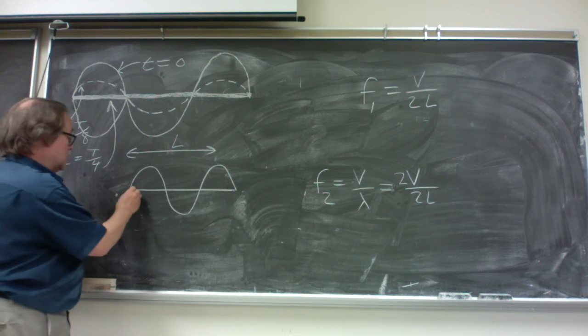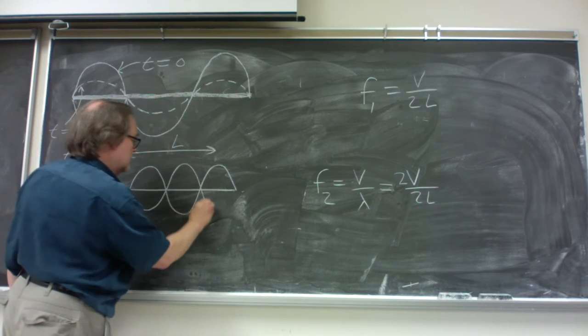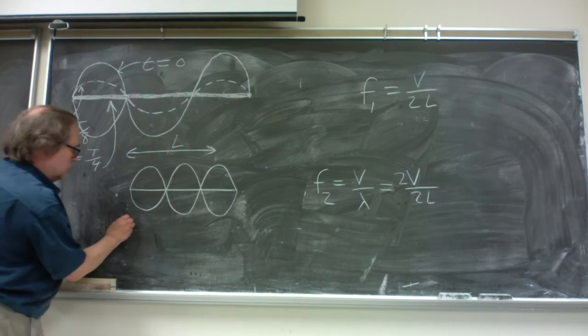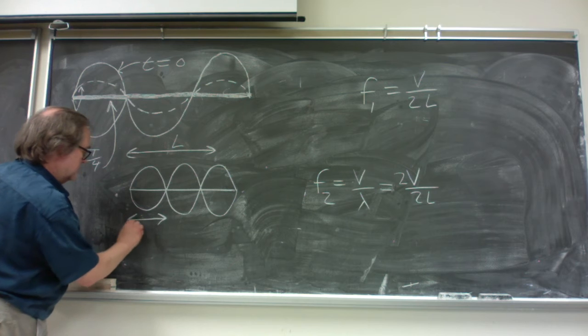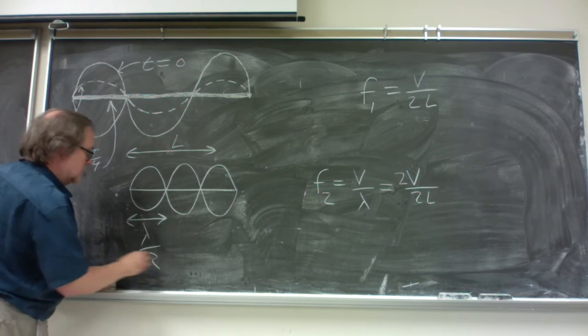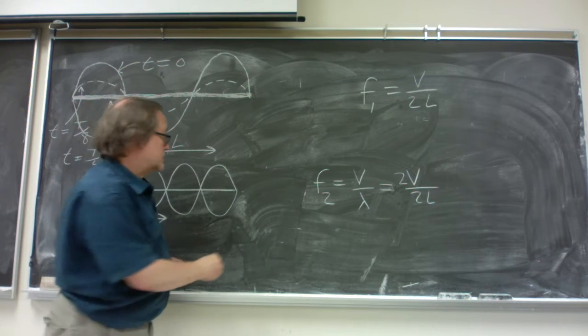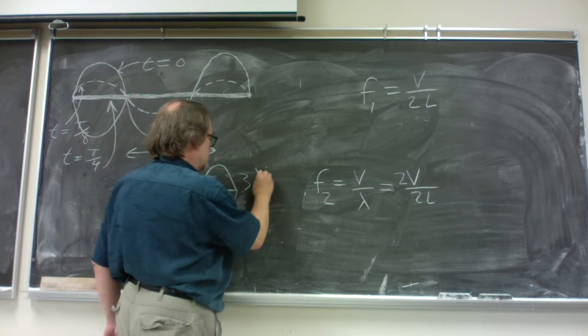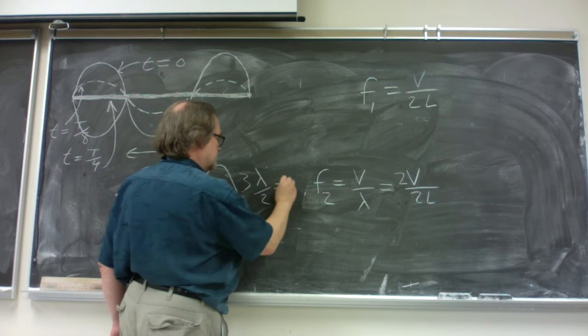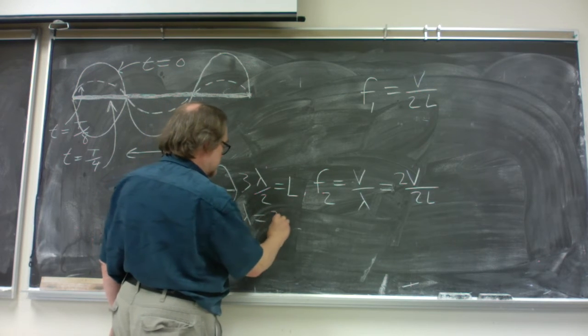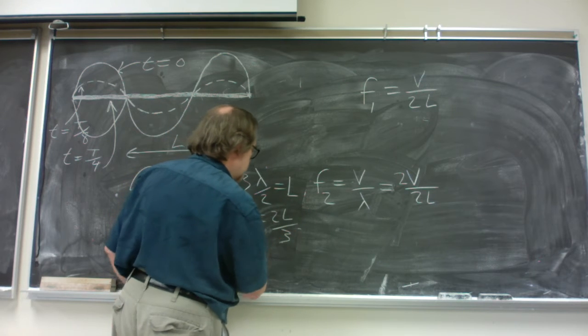Half a cycle later, everything looks like that. So node to node is half a wavelength. So there's 1, 2, 3 half wavelengths in this case. 3 half wavelengths equals the string length, or the wavelength is just 2L over 3.